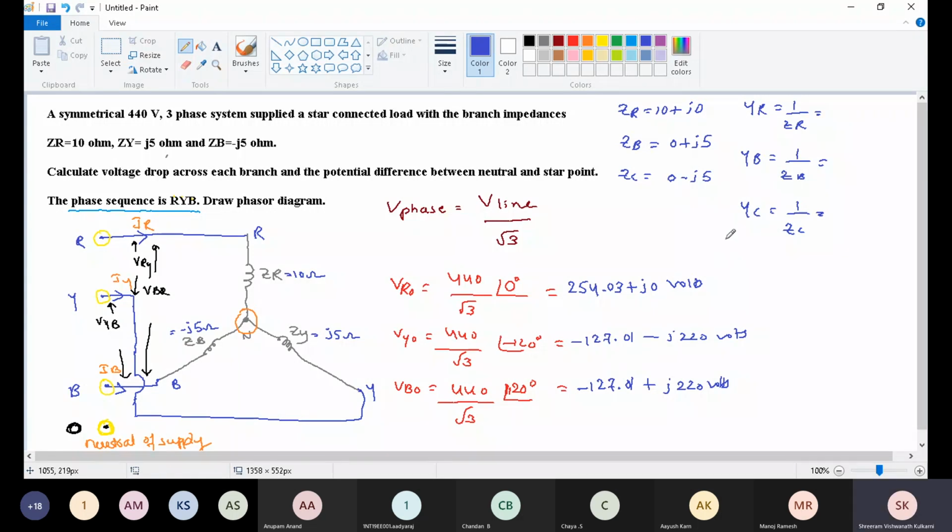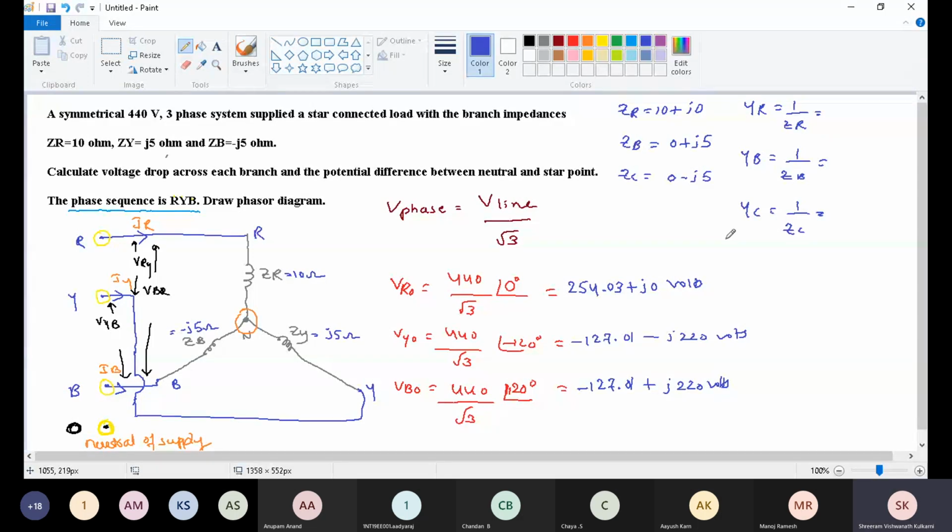Long back I have said that for division and multiplication, we are going to use polar form, and for addition and subtraction, we are going to use rectangular form. Here YR equal to 1 by ZR.